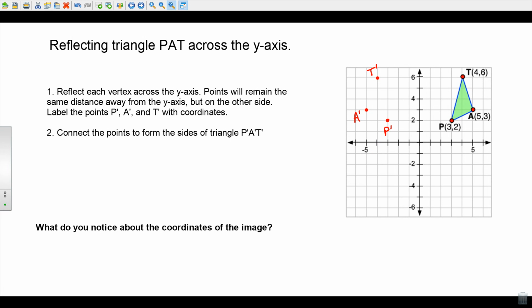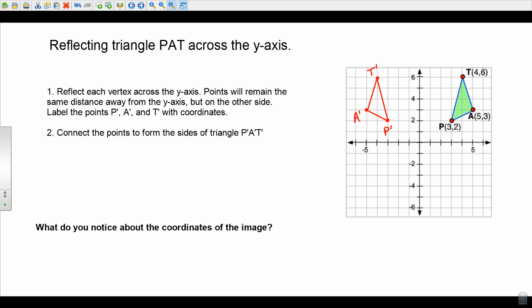Let's go ahead and connect the sides here with lines, just with segments, so you can kind of see what's going on. There we go. So there is triangle P prime, A prime, T prime.